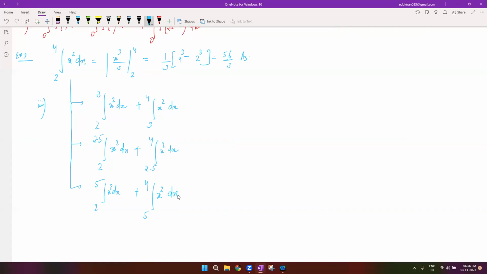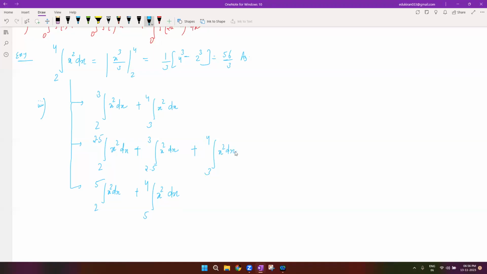That is what third property says. That if you want to integrate some function from a to b, then you can break this into many parts, into jitna chaho utna parts. Okay, I would also like to explain this a little more. I can also write this as 2.5 to 3 then 3 to 4, or 3 to 3.5, then 3.5 to 4.